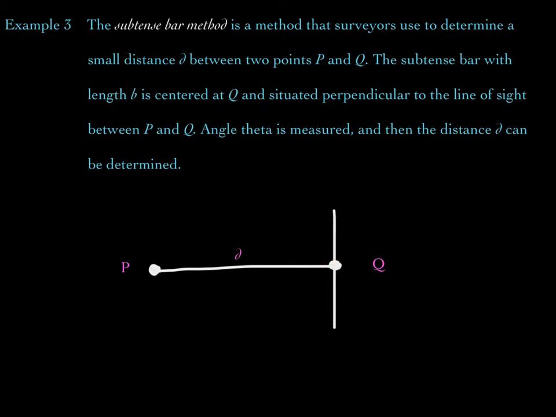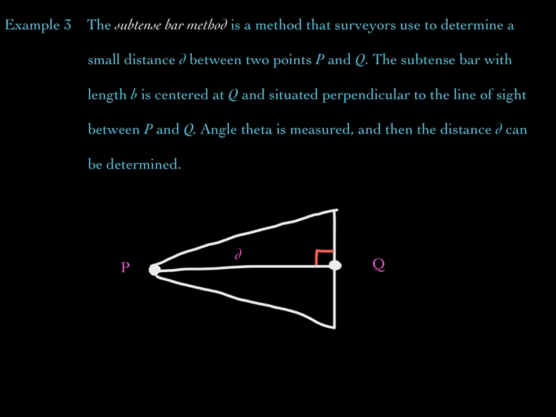Now, notice that what we can form really is a right triangle. You can draw that right triangle, or you can do this one here, because they said that this bar is perpendicular to the line of sight. So this is definitely, indeed, a right triangle.